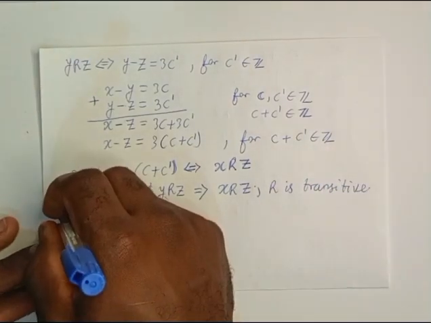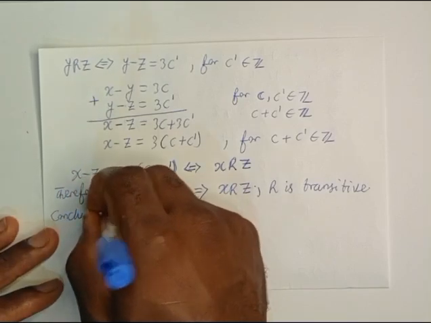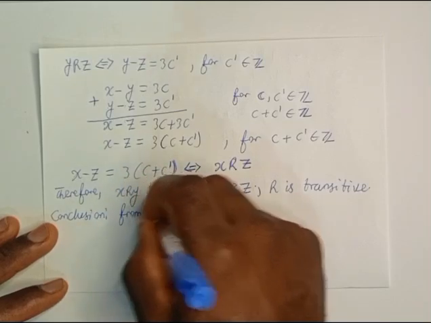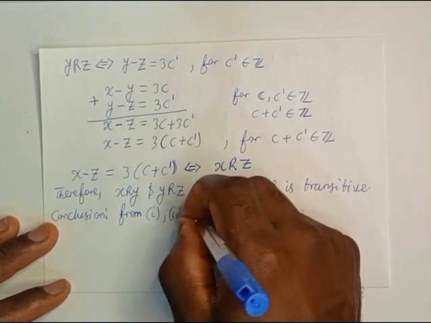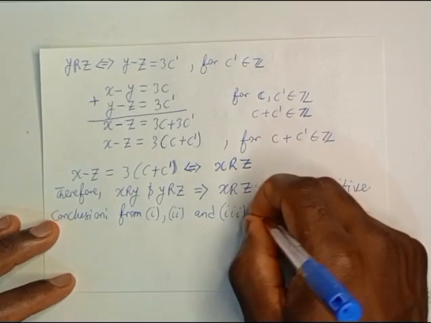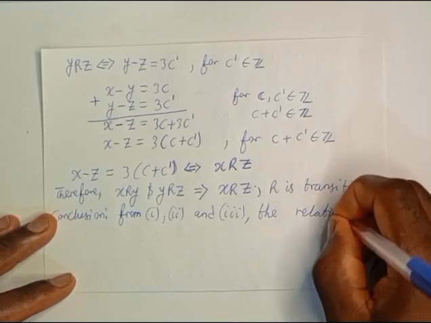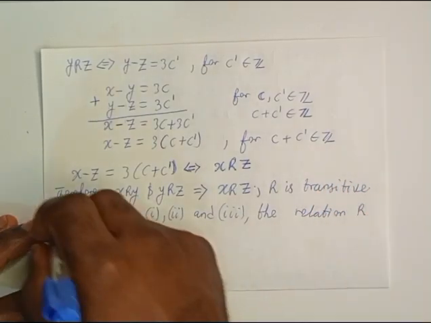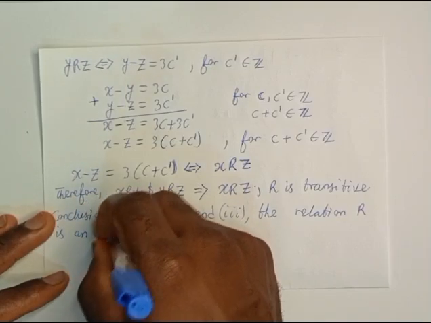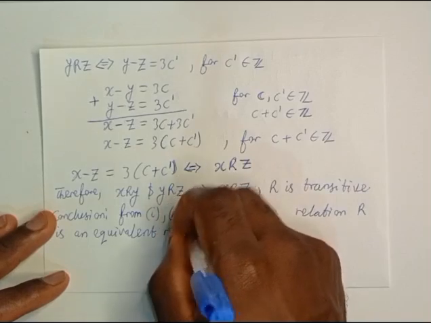We give our general conclusion from 1, 2 and 3, the relation R is an equivalence relation.